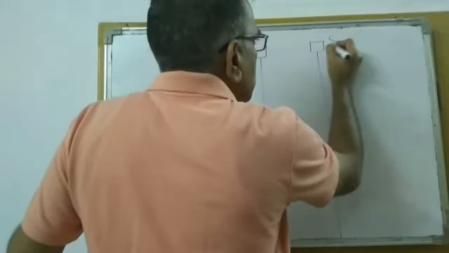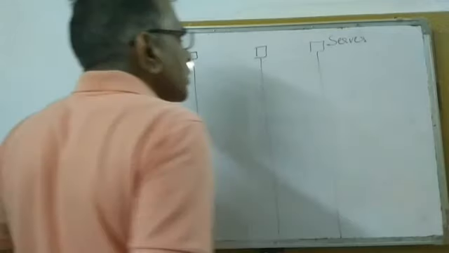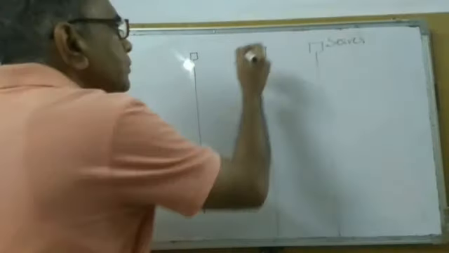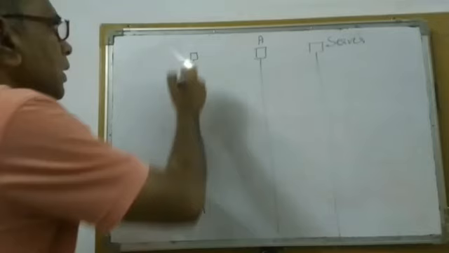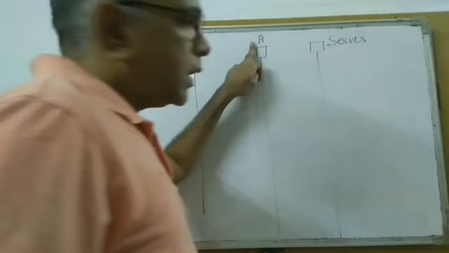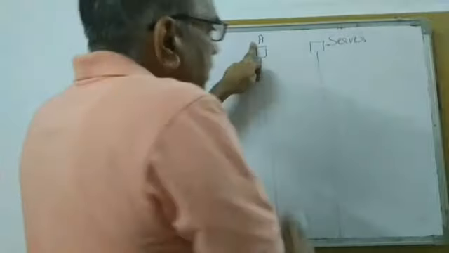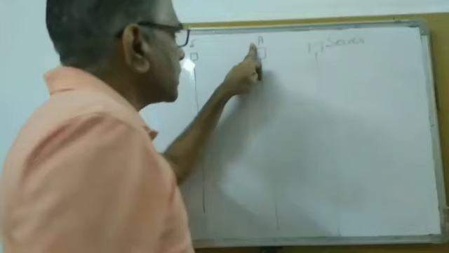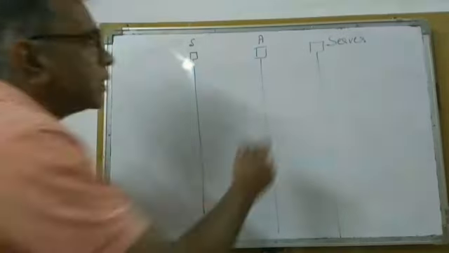This is my authentication server. This is my access point, and these are our stations. Station I am identifying using the letter S. This is our access point, and this is our authentication server.